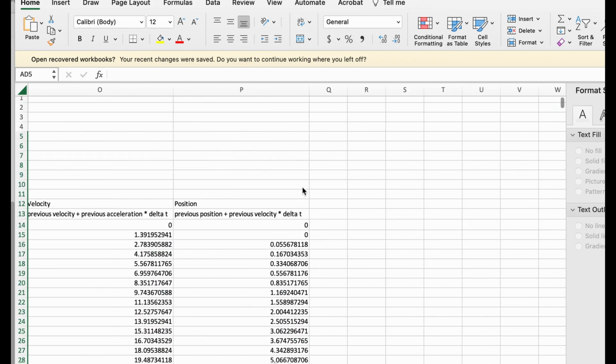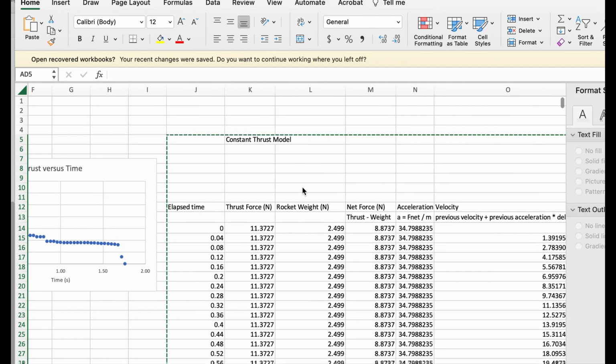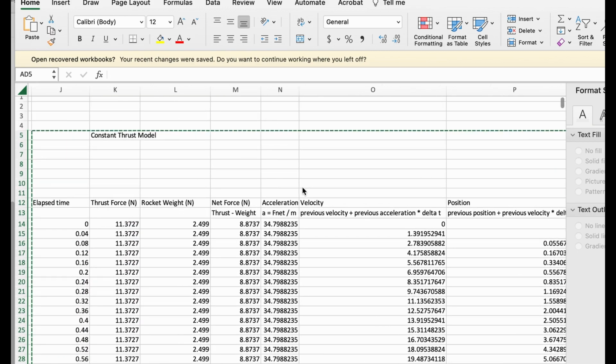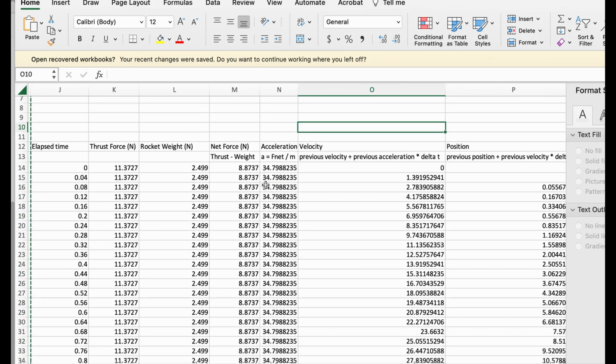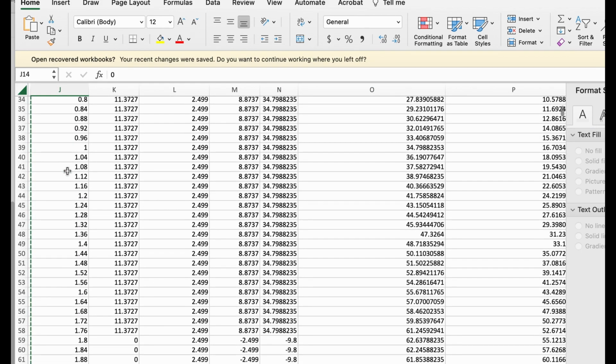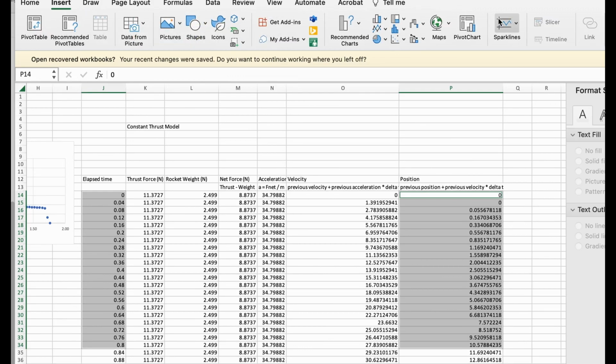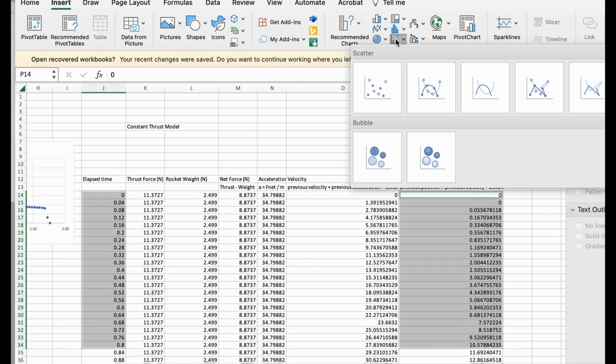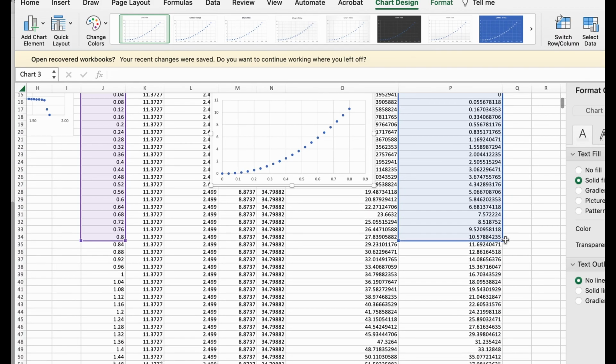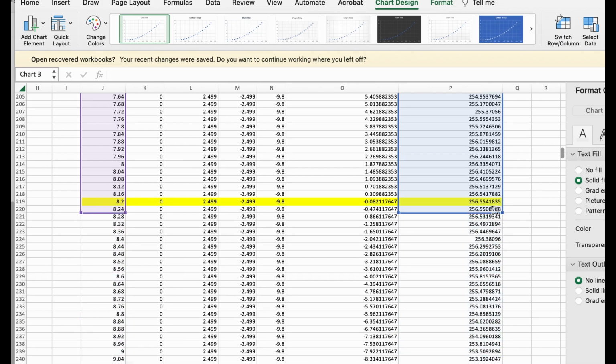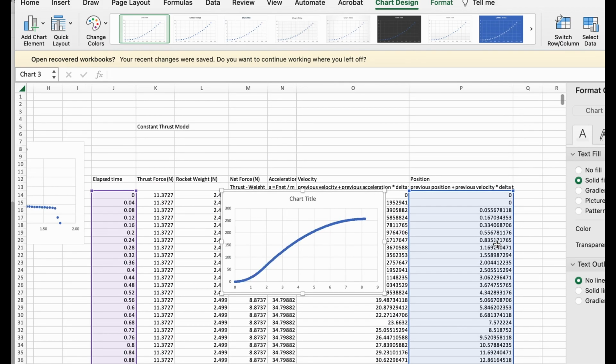And also, it would be good just to make a graph. Let's make a graph of the position versus time. So if we could just select. All right, so drag that down. I'm going to go not just to the peak, but I'm going to go even farther just to see where it hits ground.